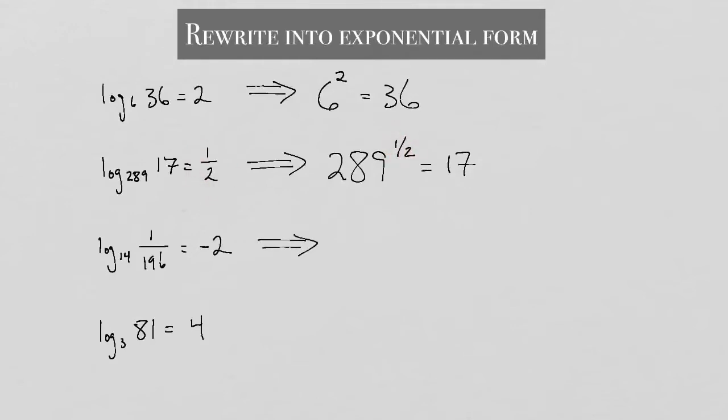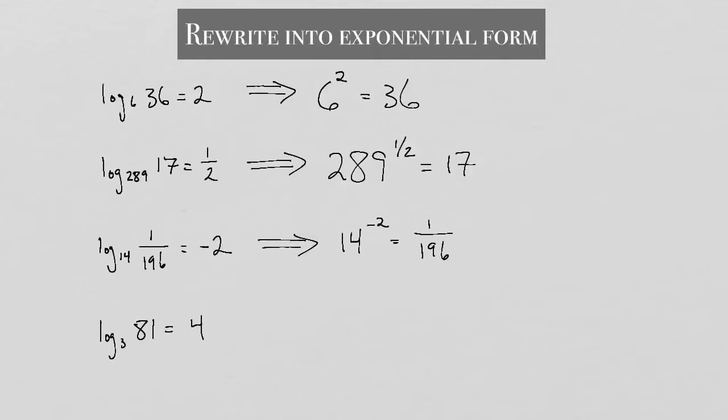So here we have this one, log base 14. That means base 14 being raised to the negative second power equals 1 over 196. In this case, as you recall from your rules of exponents, a negative exponent means the reciprocal.